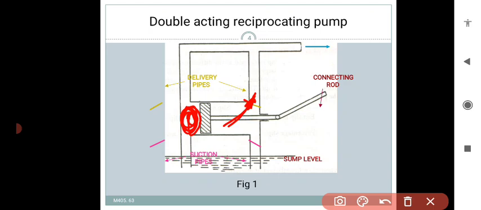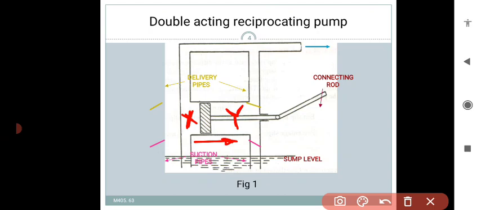When the piston moves towards the right, vacuum is created at the left hand side, this X side, and high pressure is built at this Y side, that is the piston rod side.